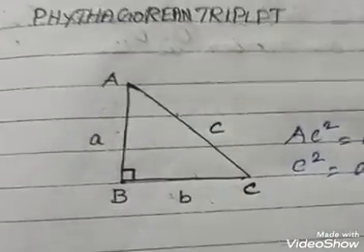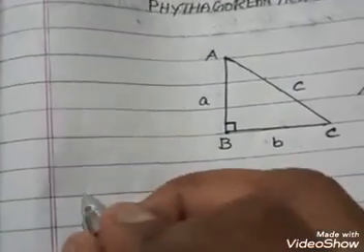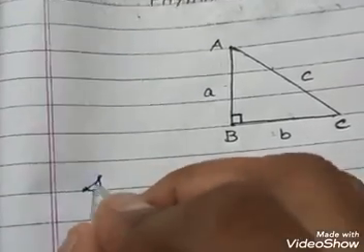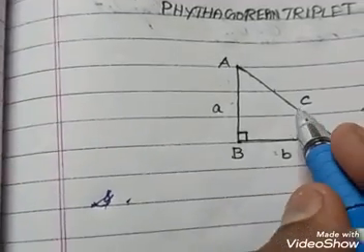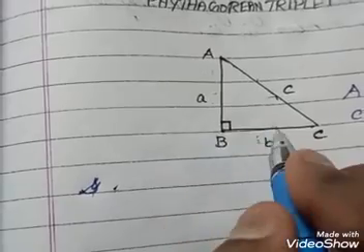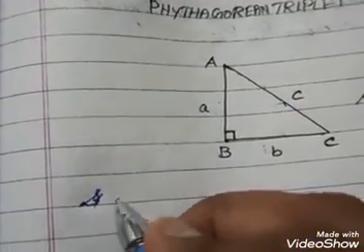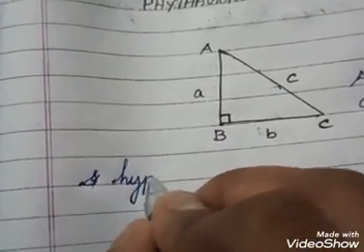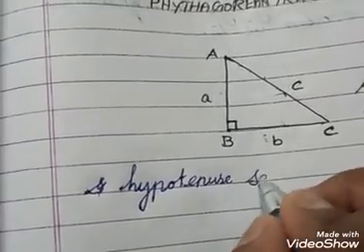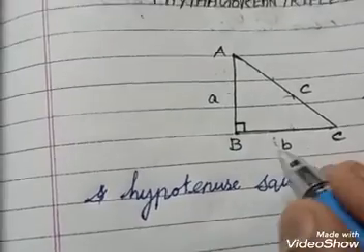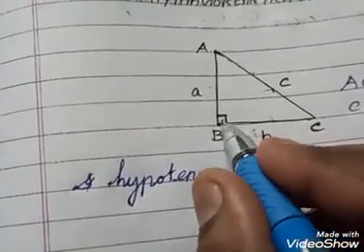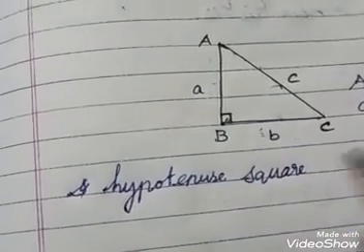So it can be written in the form: this one we say is the hypotenuse. These two are adjacent sides. Hypotenuse means it is opposite to the right angle, which we mention as 90 degrees. The opposite side we call the hypotenuse.